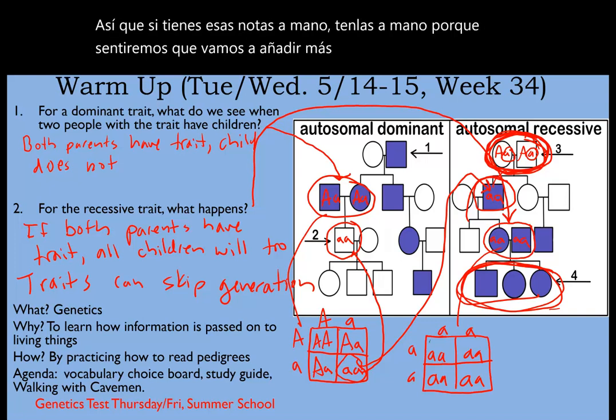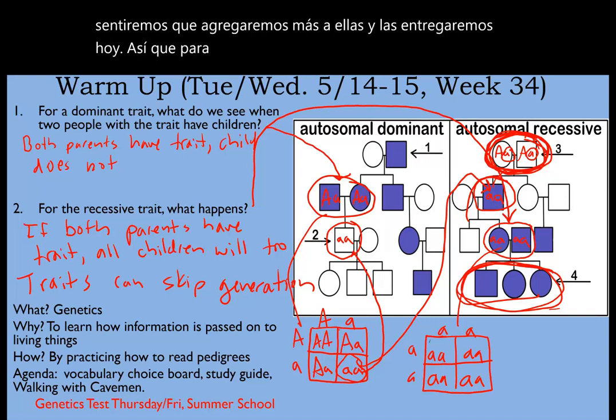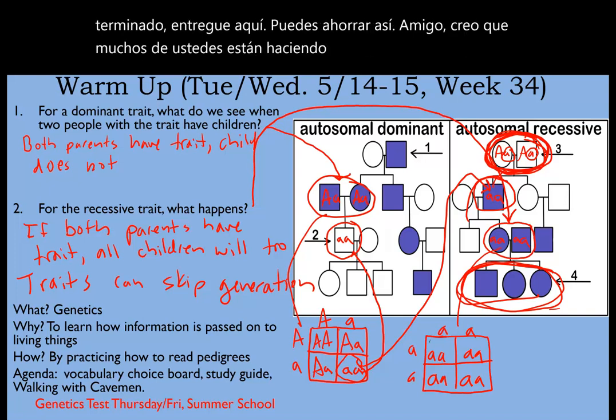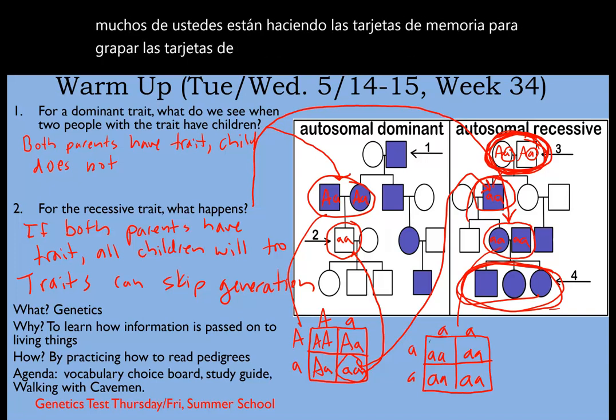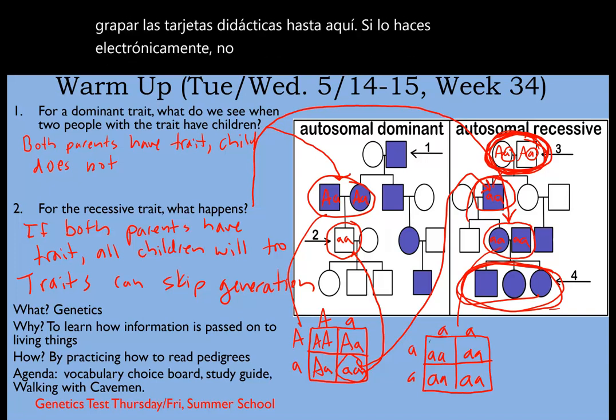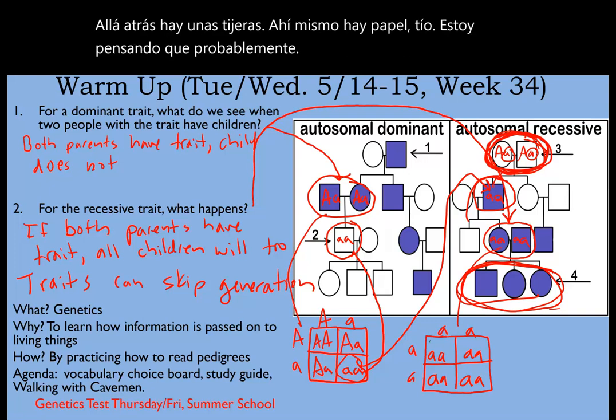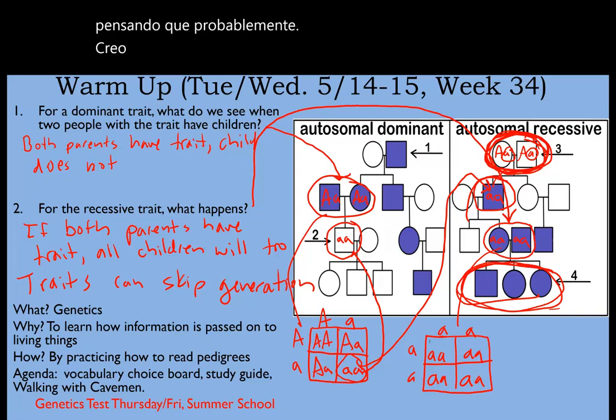So to recap, finish this. When you're done, turn it in up here. You can staple, like this dude. I think a lot of you are doing the flashcards. Staple the flashcards right to here. If you do it electronically, you don't have to turn anything in. You just turn it in on Canvas. There's scissors back there. There's paper right there. I think one student last period finished the whole study guide, but not many people have been finishing it.